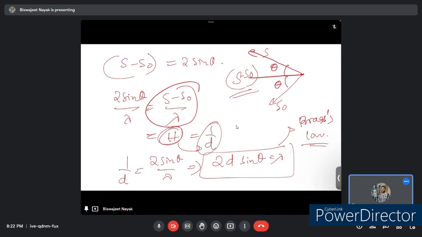So from the same equation we have derived Bragg's law as well as the Laue equations.